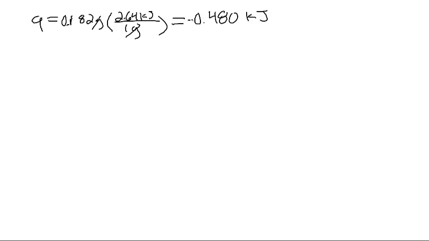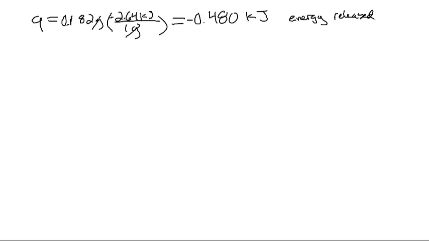Now, it says it releases that much energy, so this should be a negative, right? If I burn 0.182 grams of benzoic acid, the change in energy is negative 0.480 kilojoules. Now if that energy is released, where does that energy go? It goes into the bomb calorimeter, right?